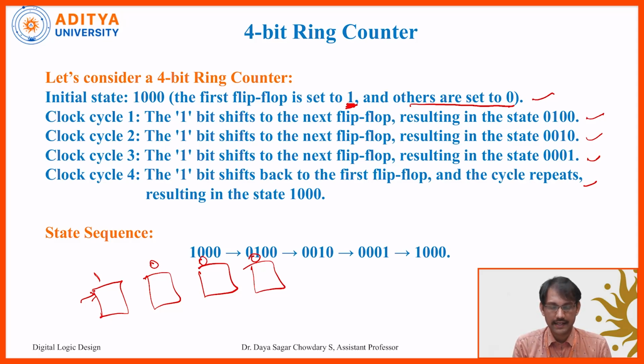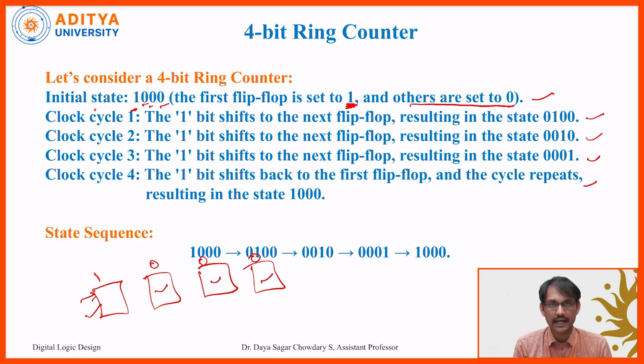For that reason we have to enable an operation, like the initial stage. So we are giving the data 1 for the first flip-flop and 0 0 0 for the second, third and fourth flip-flop.